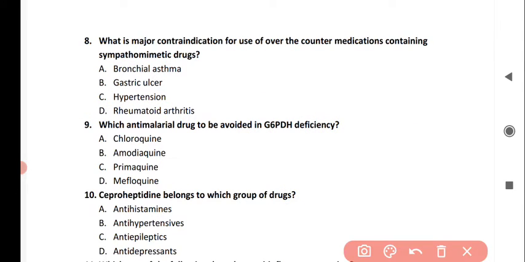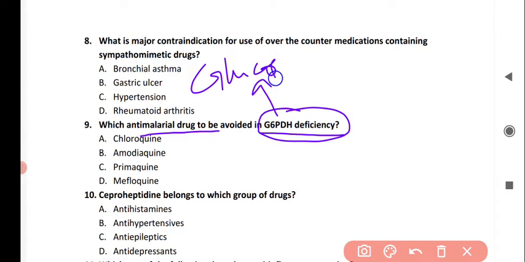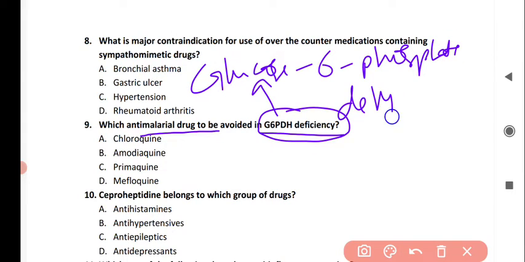Then move to the next question, that is, which antimalarial drug is to be avoided in G6PD deficiency? In this we have to identify the antimalarial drug that should be avoided in G6PD deficiency. Firstly, we look at G6PD deficiency. It is glucose 6 phosphate dehydrogenase. Okay. What G6PD does is it simply carries the oxygen from the lungs to tissue throughout the body.